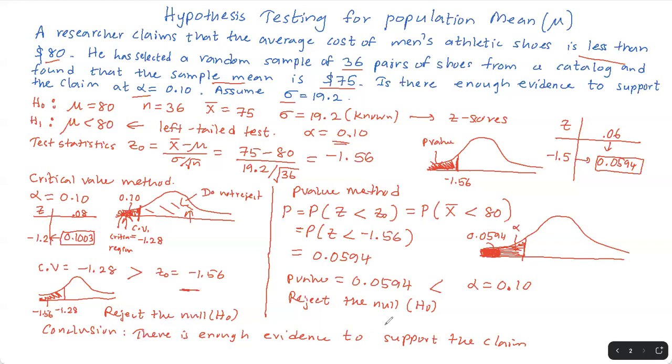The claim is that the average cost of men's athletic shoes is less than $80. So we have enough evidence to support the claim in this problem.